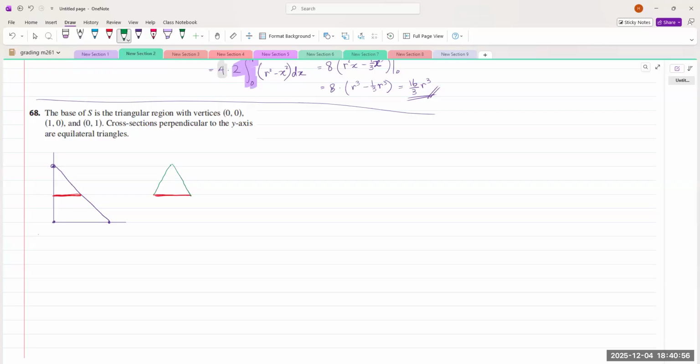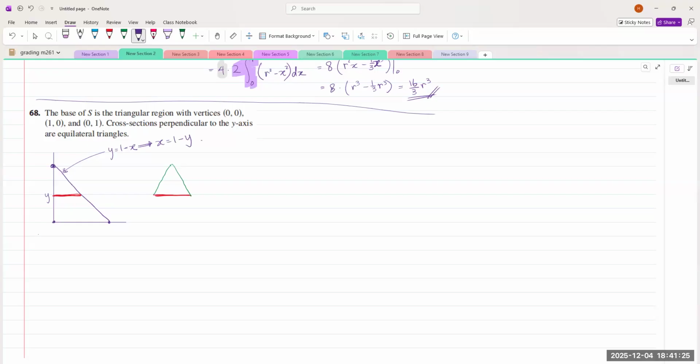Now what is the equation of this line here? I hope you can find that this is y equals 1 minus x. The y-intercept is (0, 1), the slope is negative 1. Because we will integrate with respect to y later on, we can rewrite this as x equals 1 minus y.